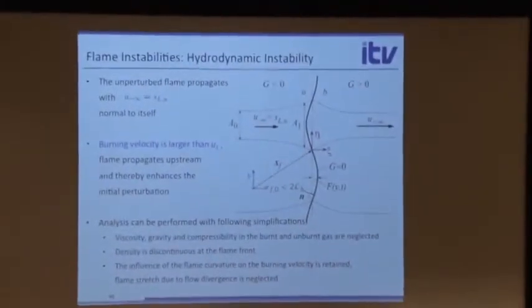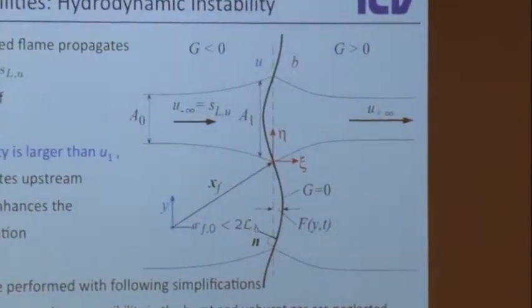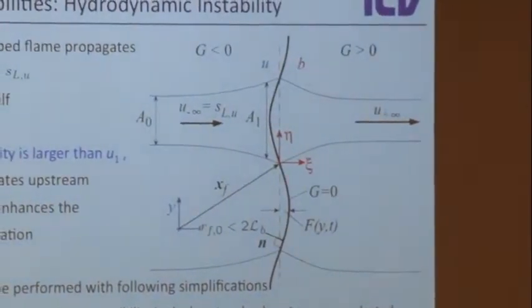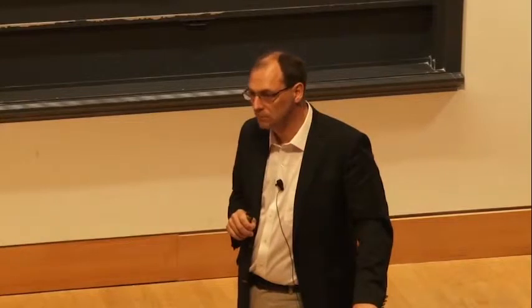Okay, so interesting then is that you form an instability, and that instability, that flame, is unconditionally unstable. Okay? It's always unstable. What this means is that all flames should be unstable at all times. Isn't that interesting?